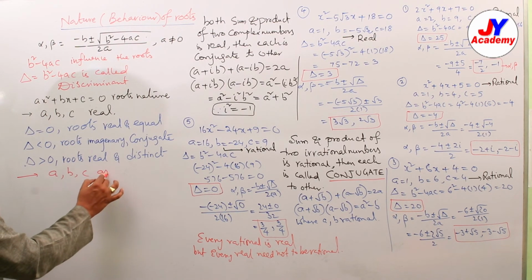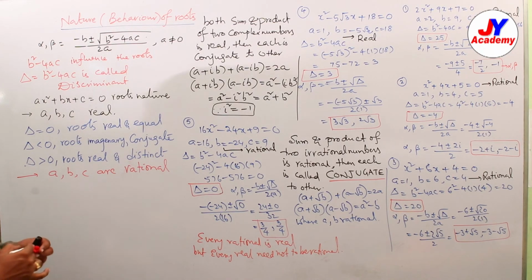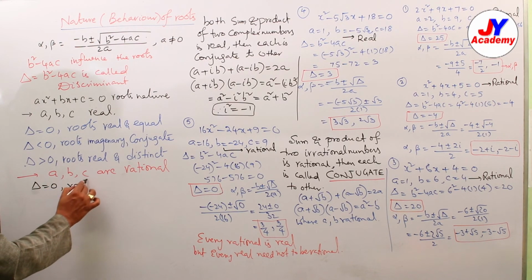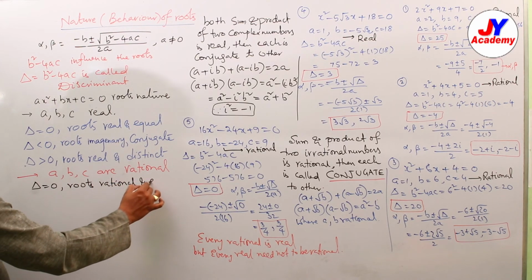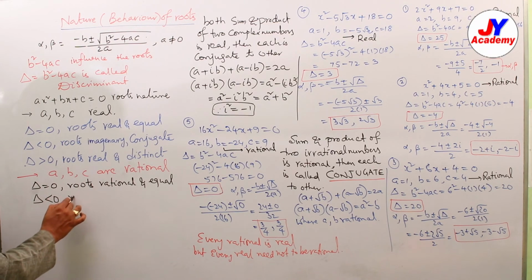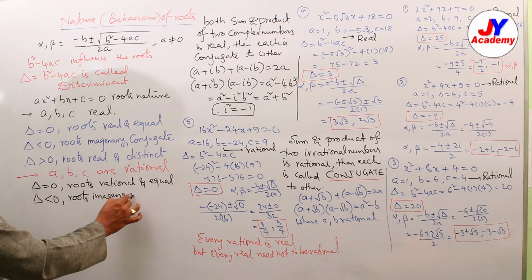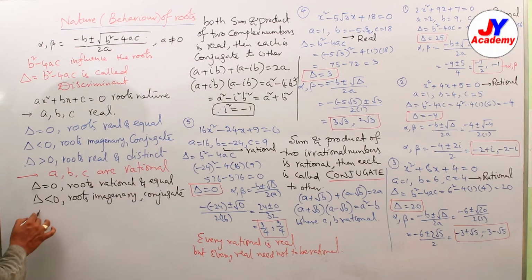Now A, B, C are rational. Here also same. Delta equal to 0: roots are rational and equal. Delta less than 0: roots are imaginary and conjugate.